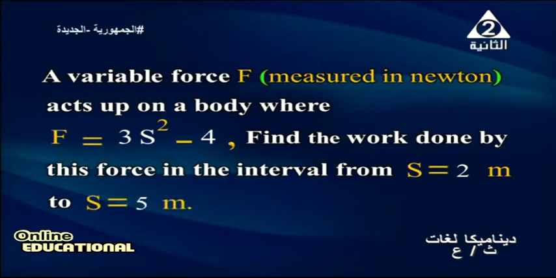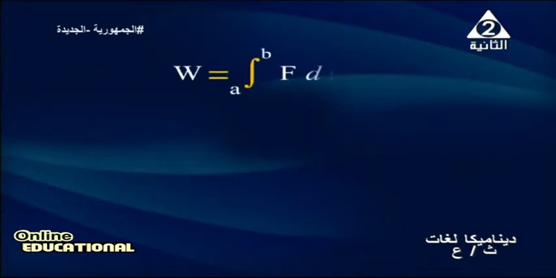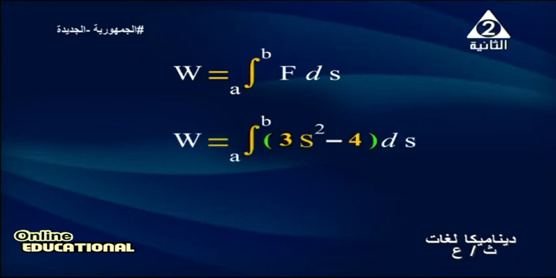Now we have a relation between F and S, the function F or the variable force F in terms of the displacement S. Then we can calculate the work as W equals integration F ds from A to B. Then W equals integration 3s squared minus 4 ds from 2 to 5.